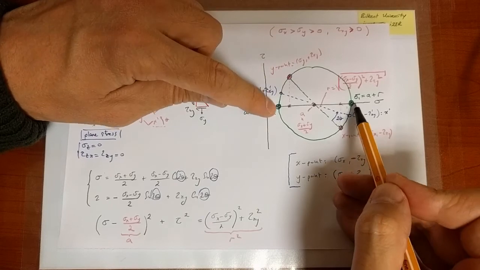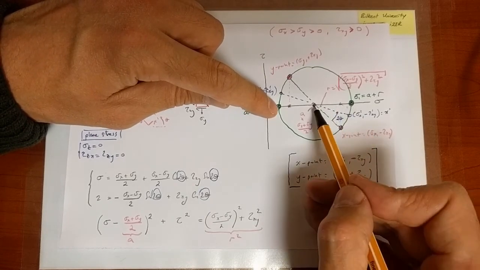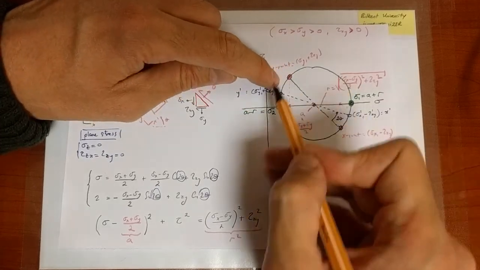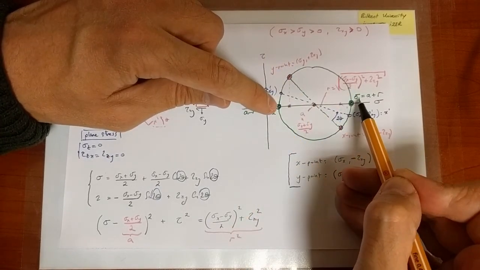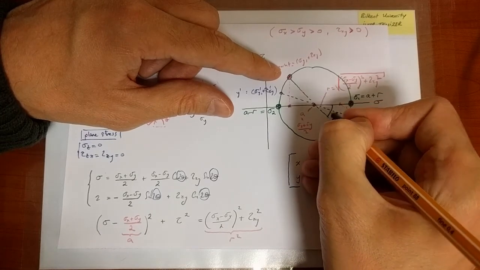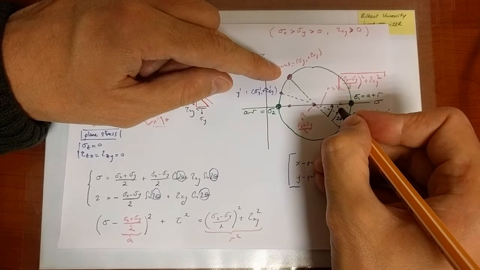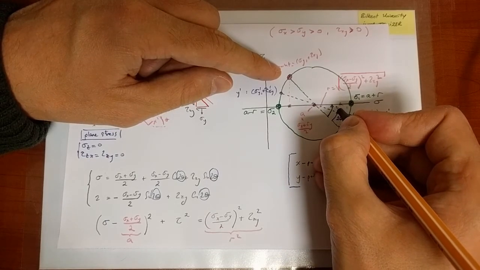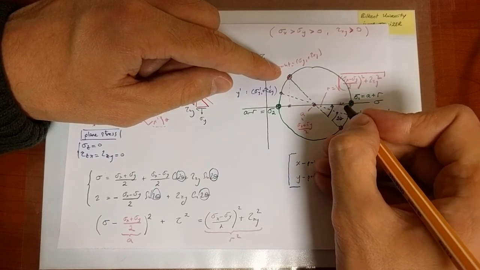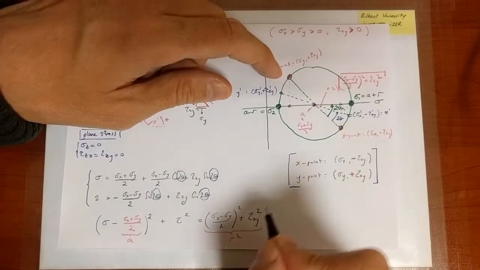But rotation towards the principal direction is going to be very important, and that's very easy to do because once I know the center and the radius, and I draw the circle, I determine those points anyway. And boom, you have it. And what is this angle over here? Well, that angle is associated with the rotation to the principal normal directions, which is not theta n, remember, twice theta n.